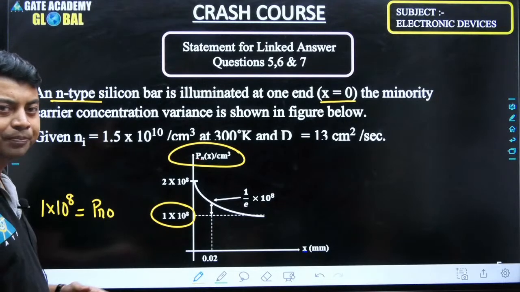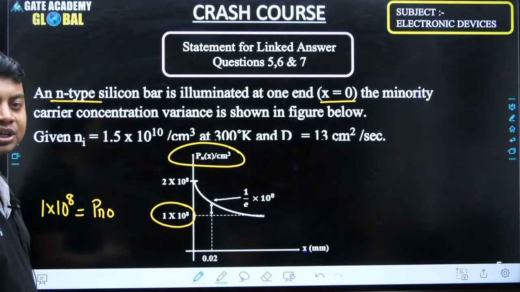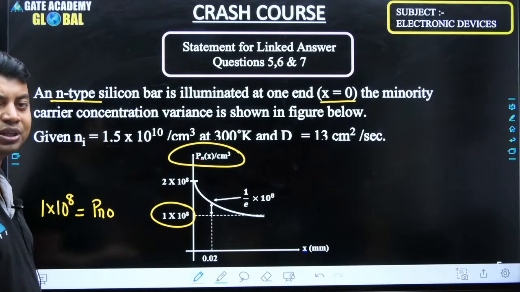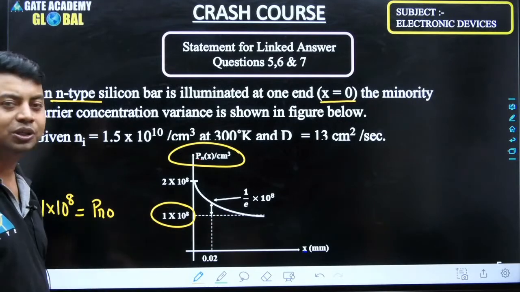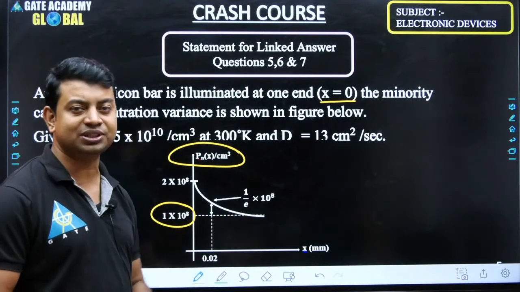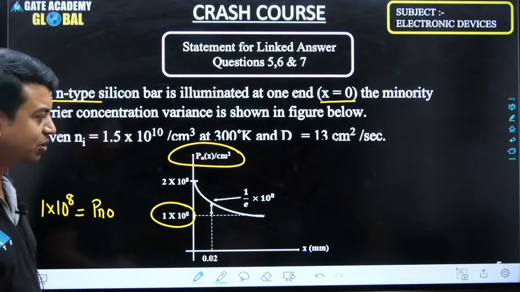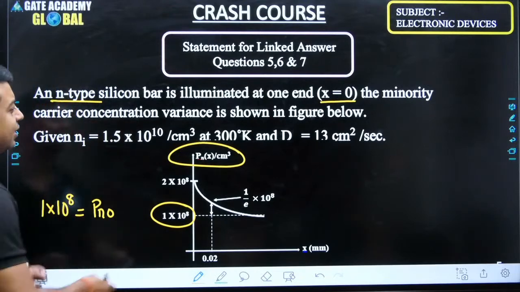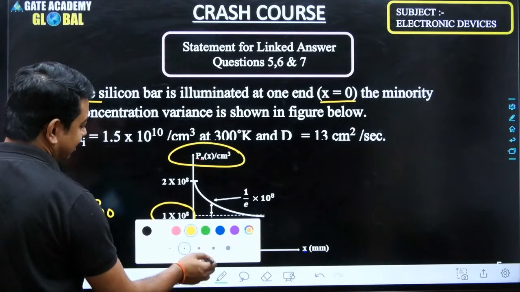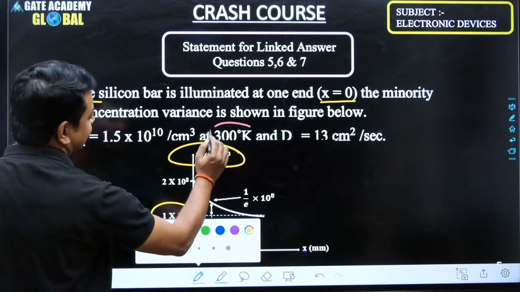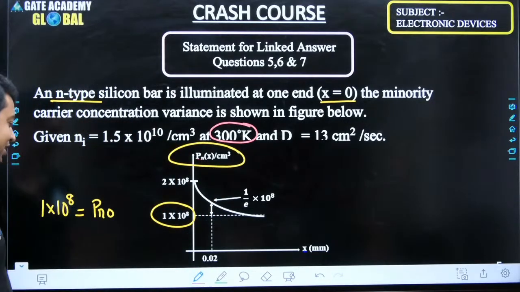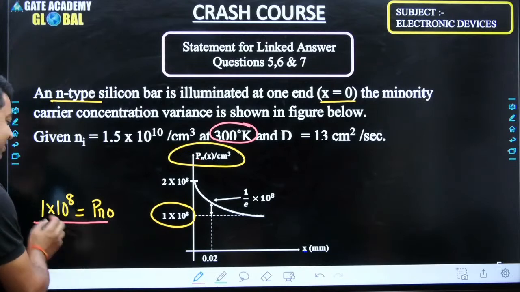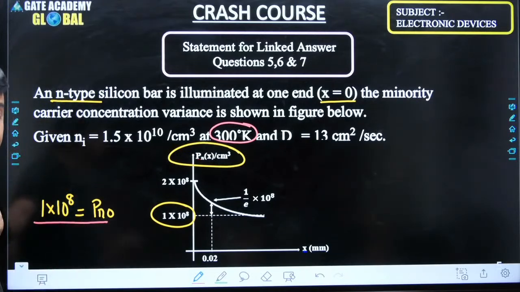This is the concentration of minority charge carriers present within the semiconductor, and it is not changing with respect to distance. It is constant throughout the semiconductor. The reason is that the semiconductor is at 300 Kelvin.